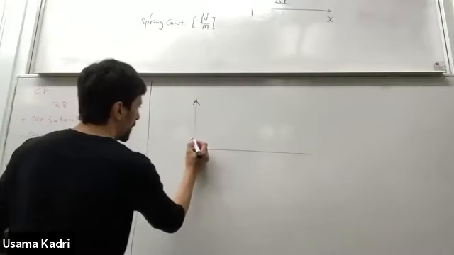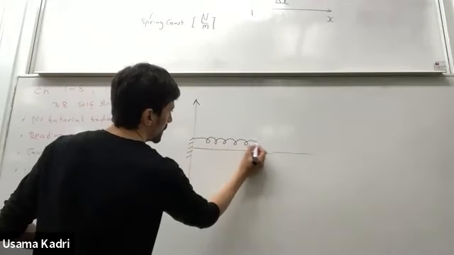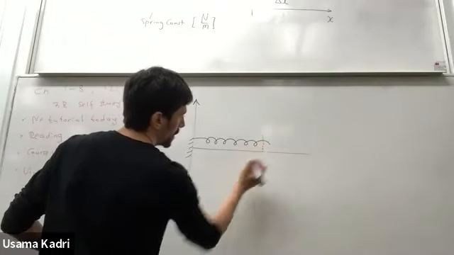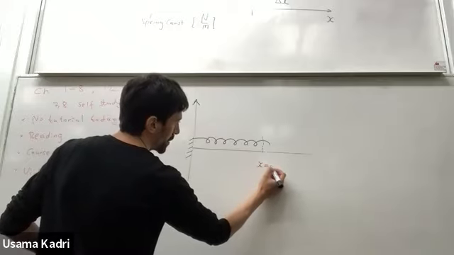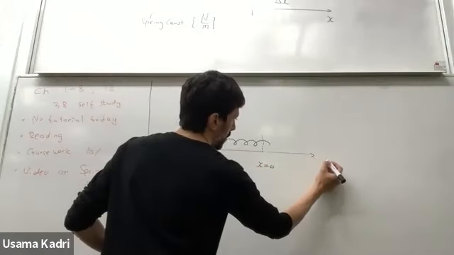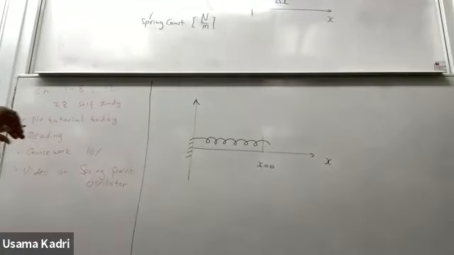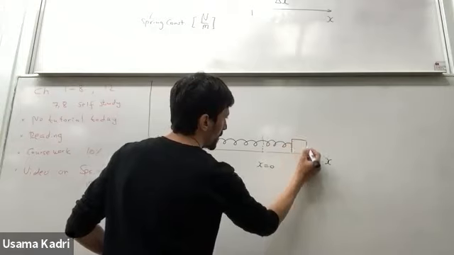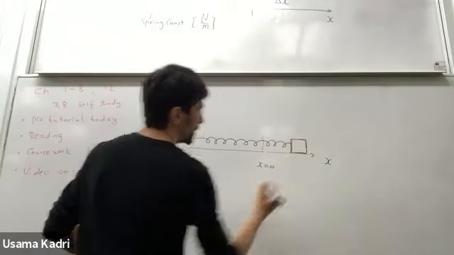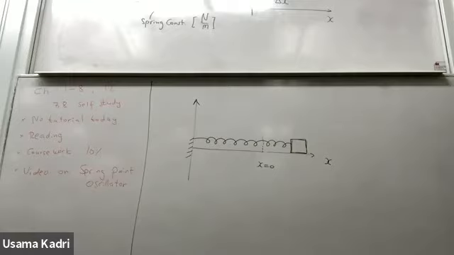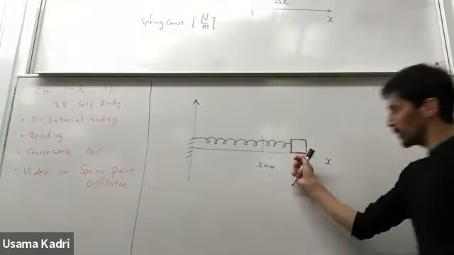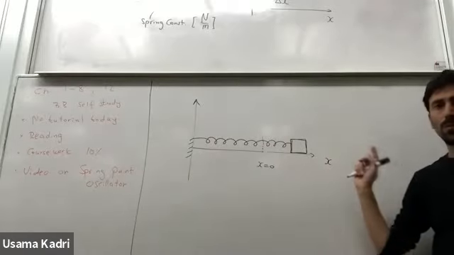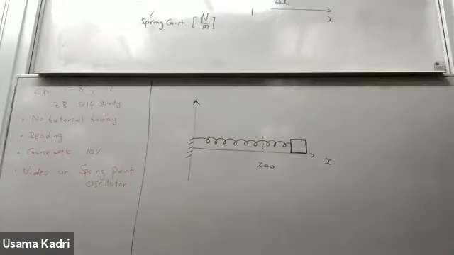So we have the spring here. This is the relaxed length of the spring. I always like to call that x equals 0. You don't have to call it x equals 0, it's just I find it convenient. And we put a mass here. At that point, we put the mass and we release it. What happens is that it starts oscillating from one side to another, just as you've seen before.